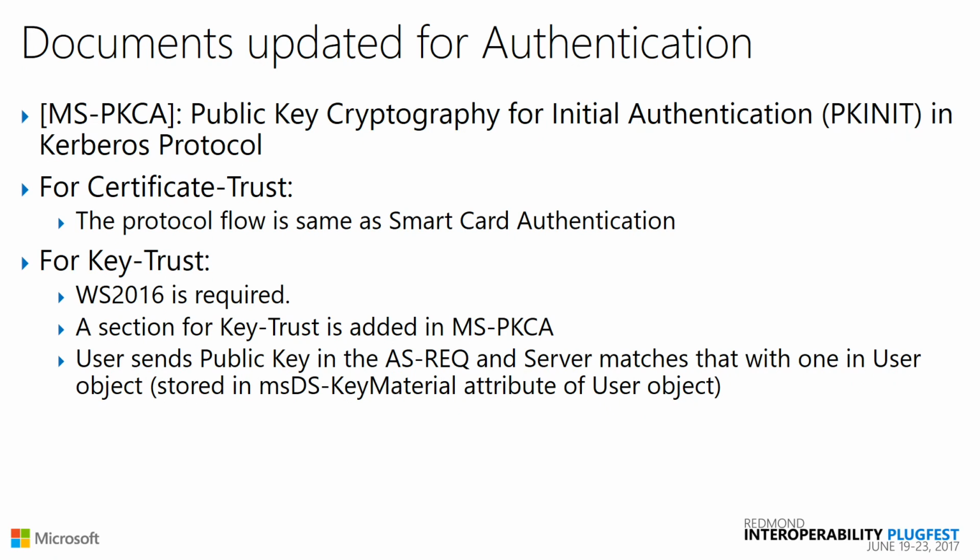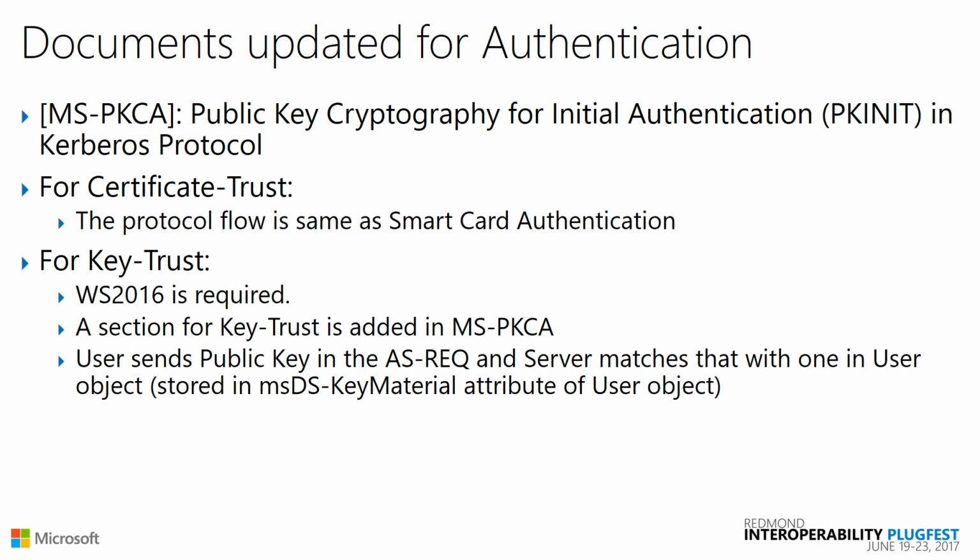Okay, so the structure in your pre-authentication data is called PA-PK-AS-REQ. I forgot the whole name, but it is in the documentation. Instead of your certificate, it just carries your public key, and that public key gets compared to what the Active Directory domain controller has in there.